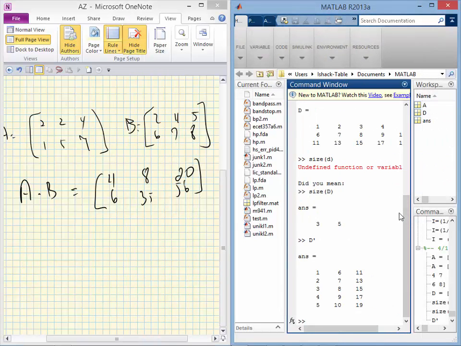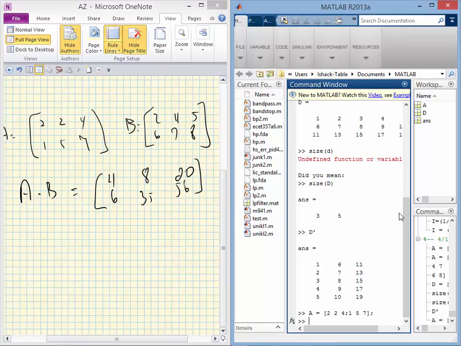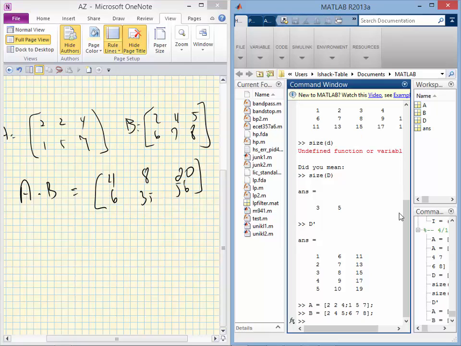Again, we could say A is equal to bracket 2 4 5 semicolon 1 5 7. Now it does make a difference if I put the wrong thing in, because otherwise my numbers don't work. I'm going to put a semicolon there simply so that B is equal to bracket 2 4 5 semicolon 6 7 8 close our bracket semicolon, and A dot B.